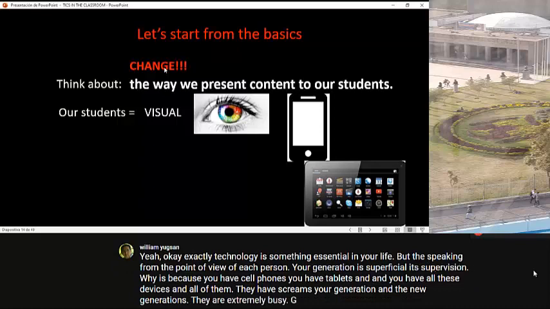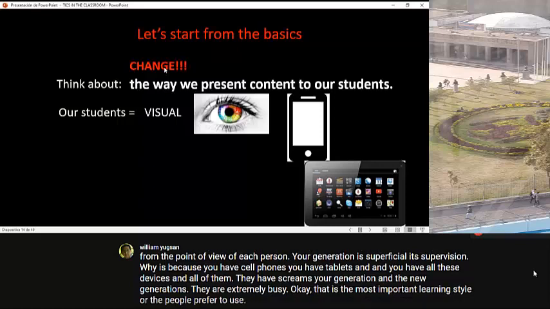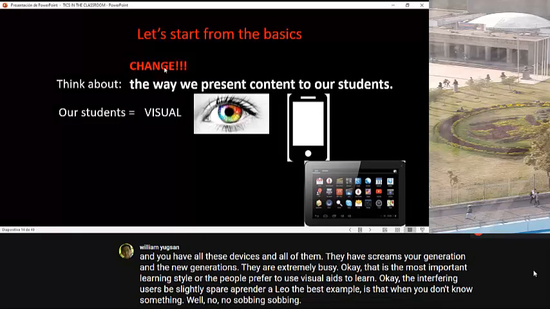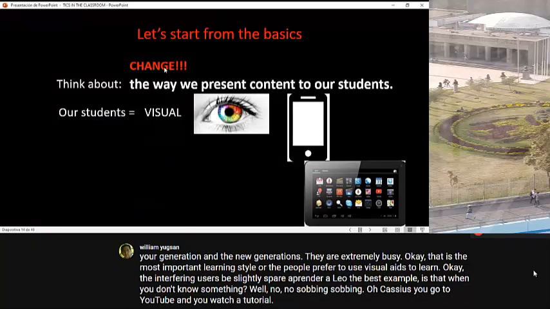That is the most important learning style, where people prefer to use visual aids to learn. The best example is that when you don't know something, what do you do? You go to YouTube and you watch a tutorial. Everybody prefers something that is visual, especially your generation.